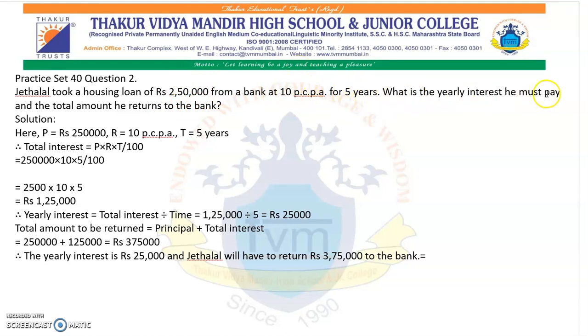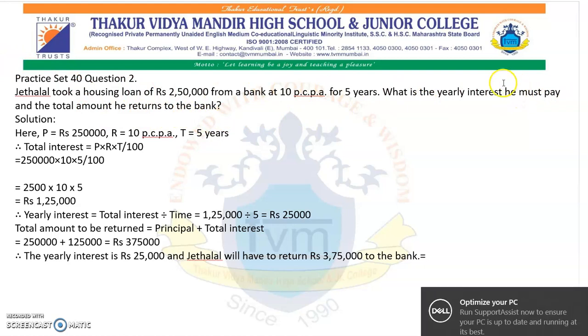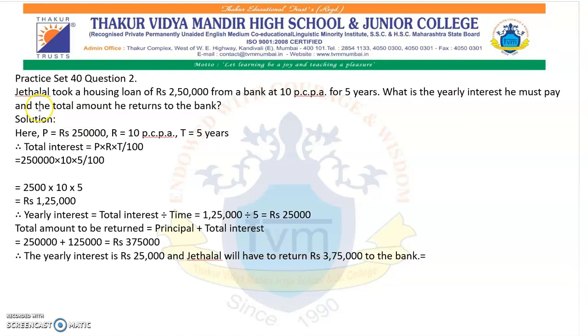What is the yearly interest he must pay and the total amount he returns to the bank? Yearly interest means we first find out the simple interest, and then we have to find out the total amount. Amount is always calculated when we know the principal, because principal plus interest is equal to amount.